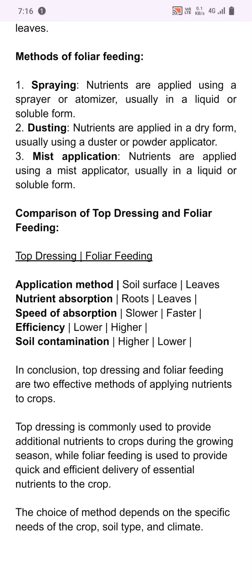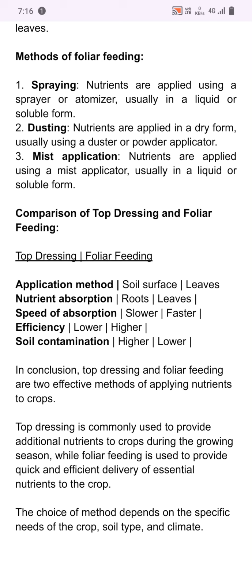Speed of absorption in top dressing is slower, in foliar feeding it is faster. Efficiency of top dressing is lower, and efficiency of foliar feeding is higher. Soil contamination is higher in top dressing and lower in foliar feeding.